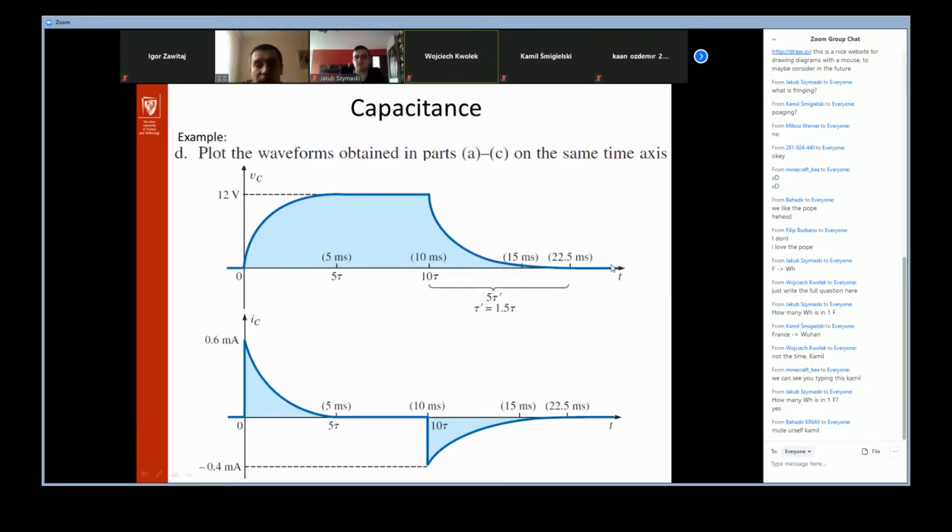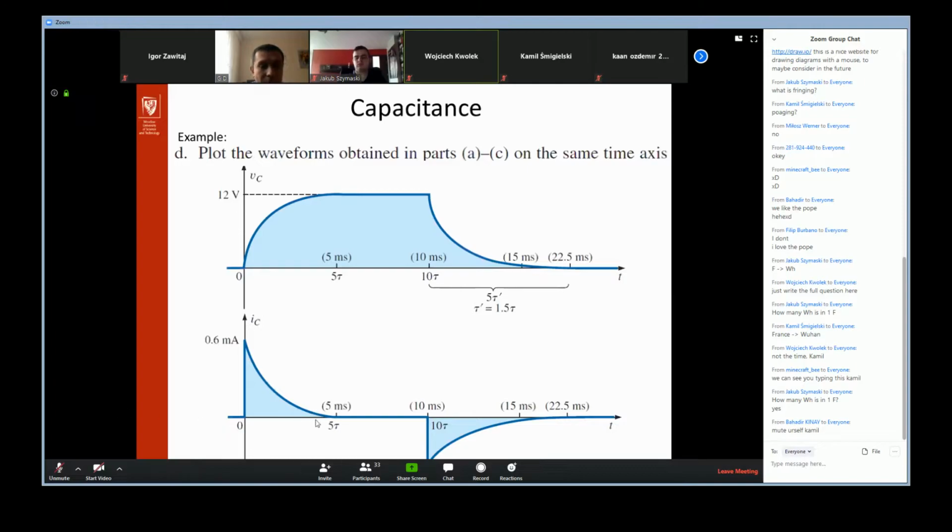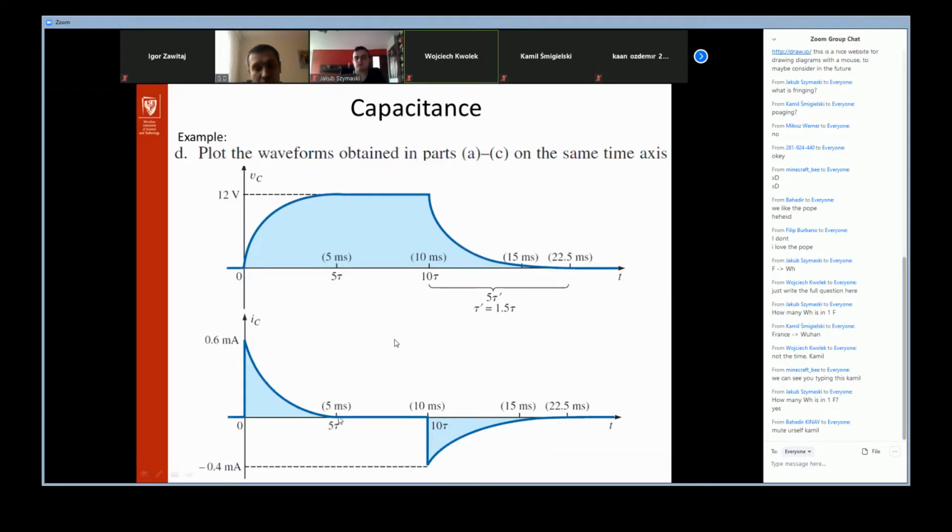Okay, what about the current? At the beginning, the current was starting from 0.6 milliamps and is going according to the exponential function. After 5 tau it has reached almost zero. So we've got the steady state, and suddenly at the time equal to 10 milliseconds, we turn the switch to the last position, and the current direction was changed.